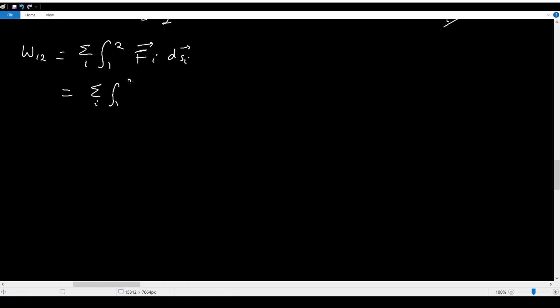So we have the external force on the ith particle, and we have the internal forces, force due to j on i, dsi. So here we have a sum over i and j, where j does not equal i. Everything as we did before.